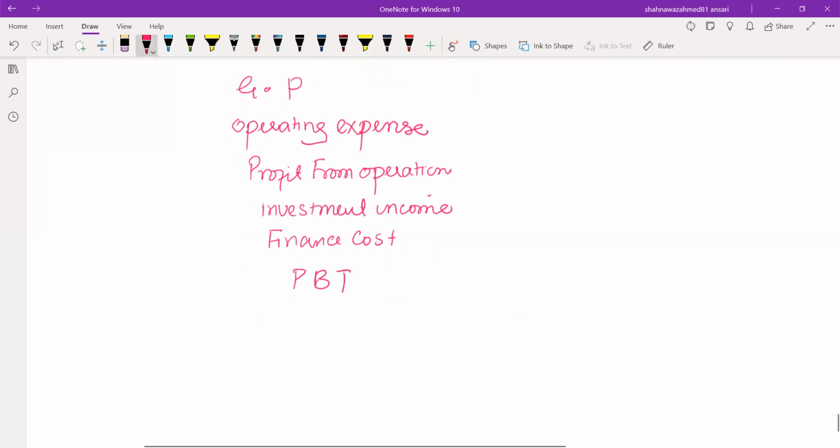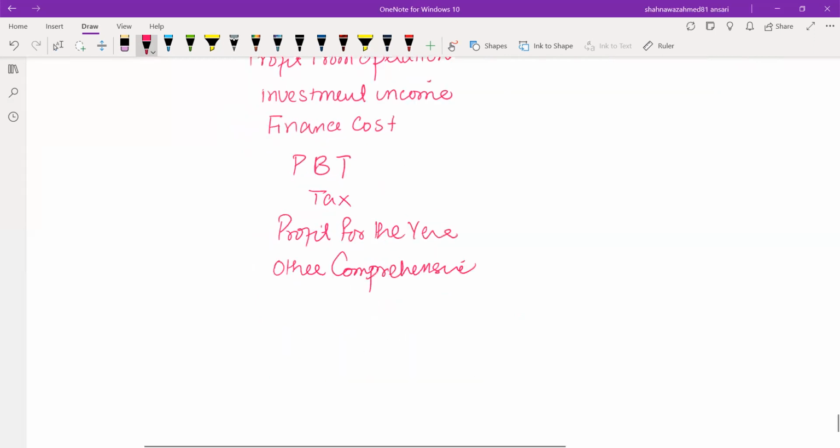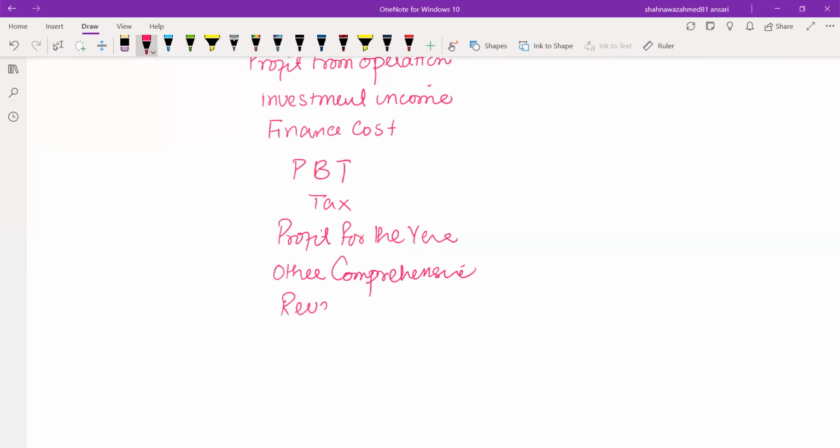Then we have tax, and it's profit for the year. Then we have other comprehensive income, and we have revaluation surplus. And after this, we'll get total comprehensive income. And then a distribution of NCI in this.